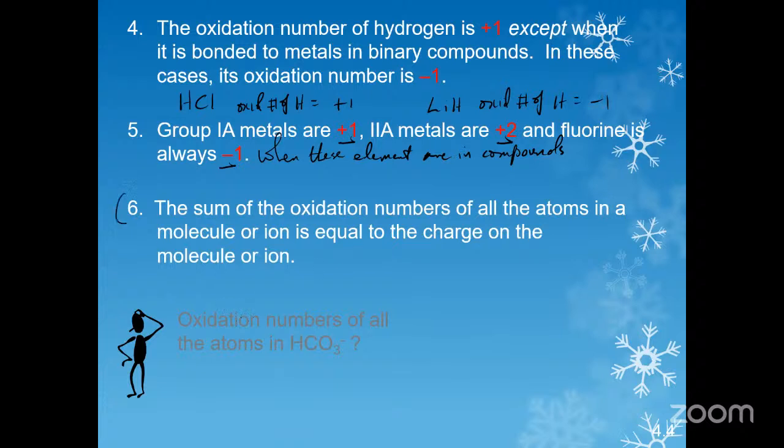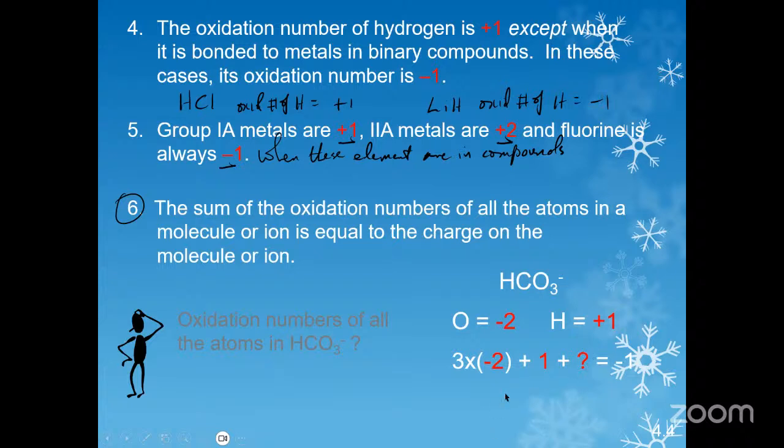Because rule number 6 says that the sum of the oxidation numbers of all the atoms involved will be equal to the total charge on the structure, in this case, the ion. So we set up an equation, right? We know that oxygen is -2, we know that hydrogen is +1. We don't know directly what carbon is, so we're just going to call that a question mark.